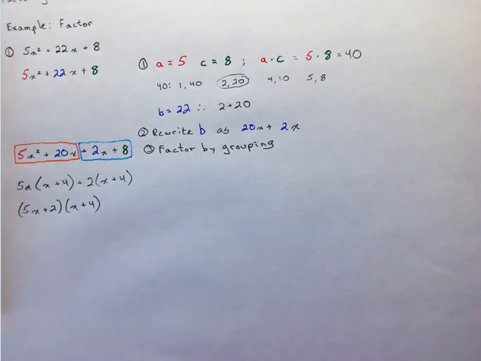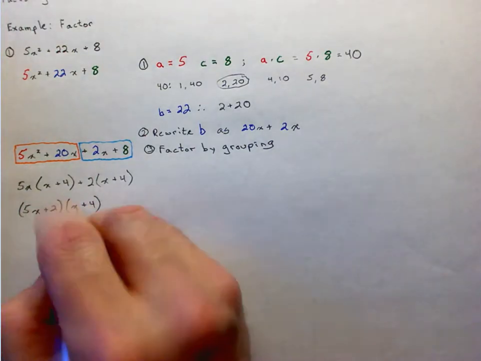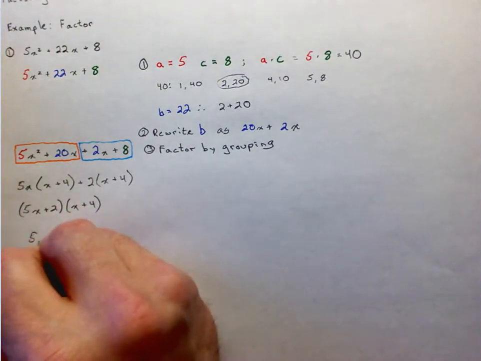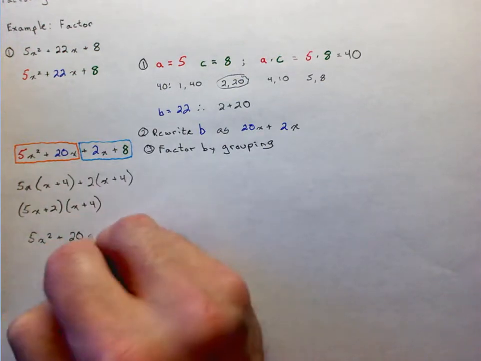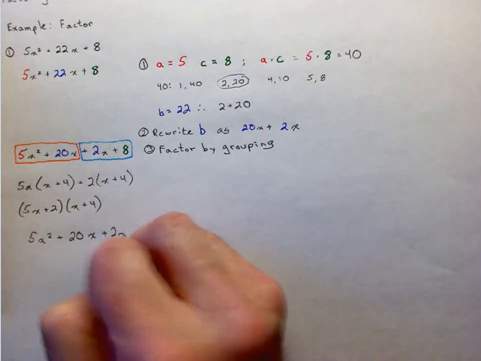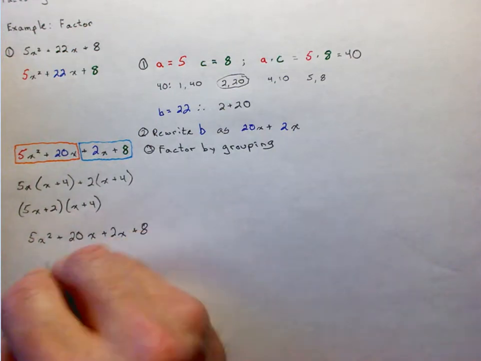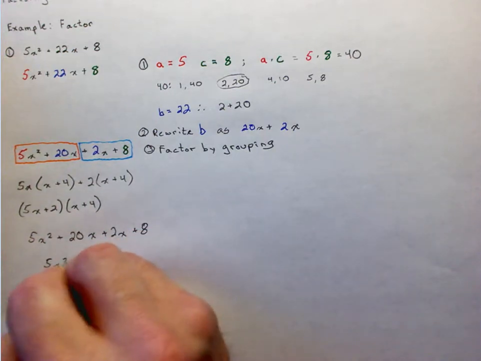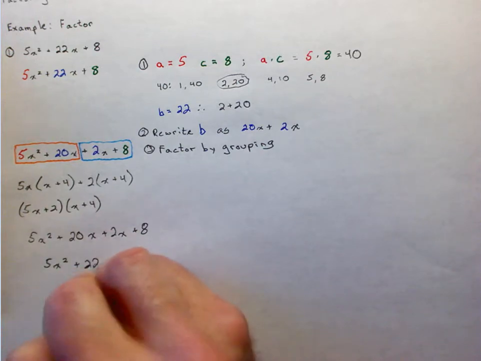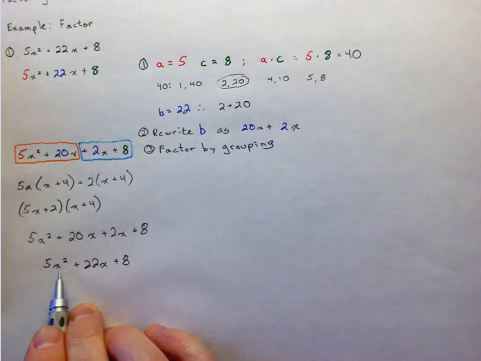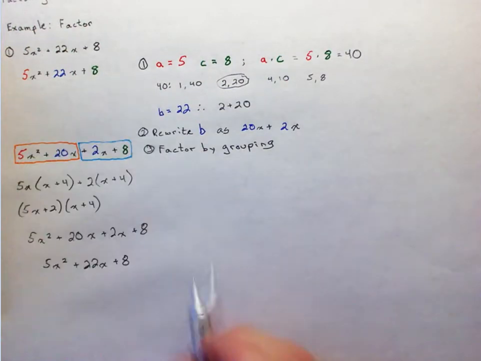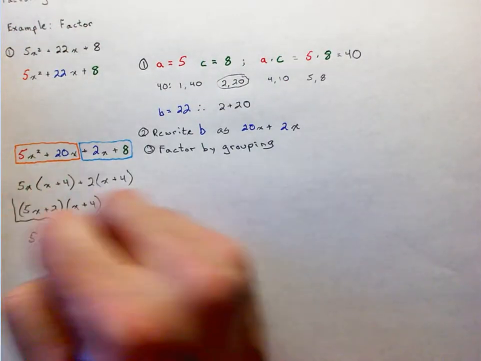Let's check our work. 5x times x is 5x squared plus 20x plus 2x plus 8. 5x squared plus 22x plus 8. Is that what I started with? Yes, this is correct.